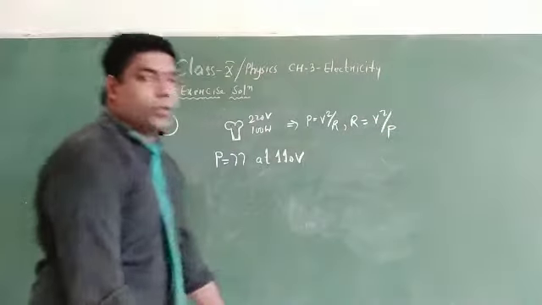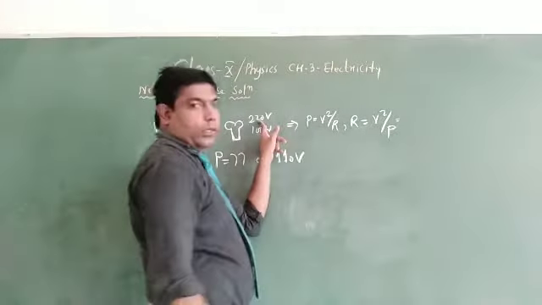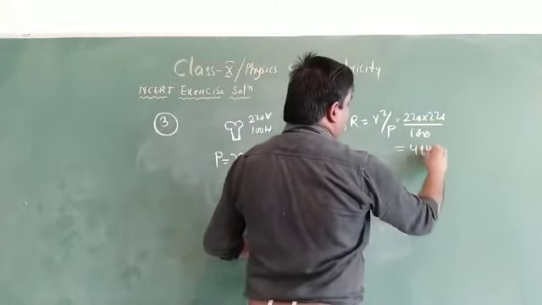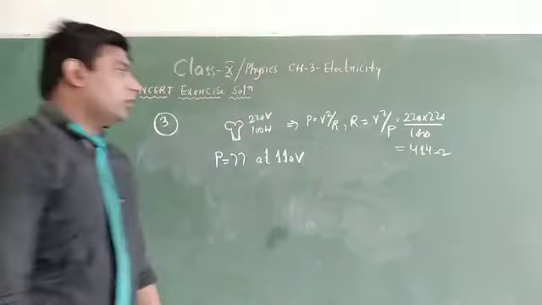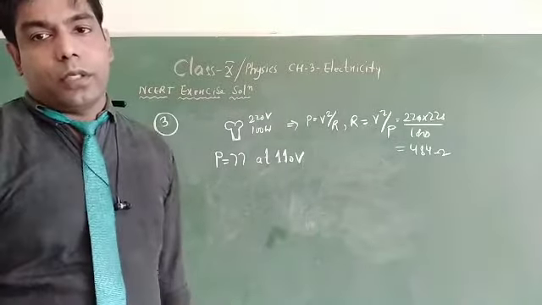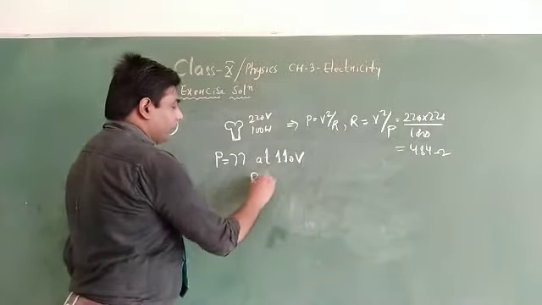We know power is equal to V square by R, so R equals V square by P, that is 220 square by 100. The bulb resistance is 484 ohm. Either you connect to 110 volt or to 220 volt, the resistance of the bulb will not change. From the first given data we have calculated the resistance of the bulb.